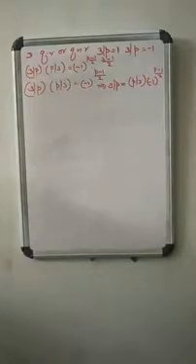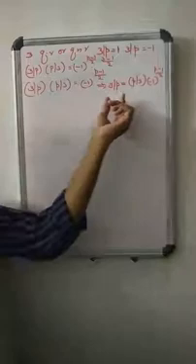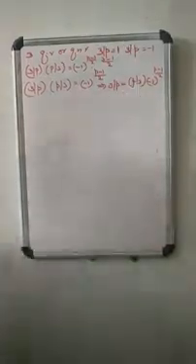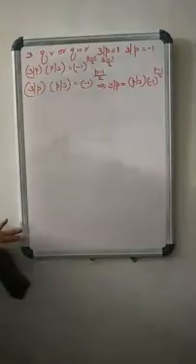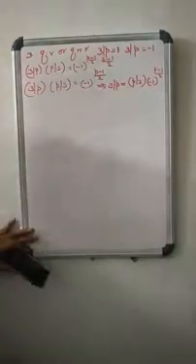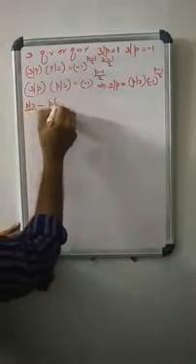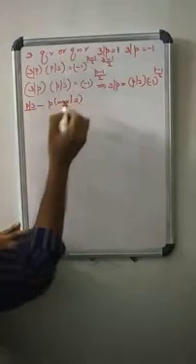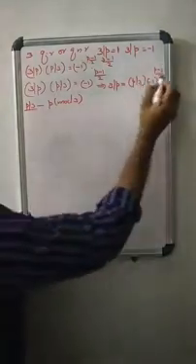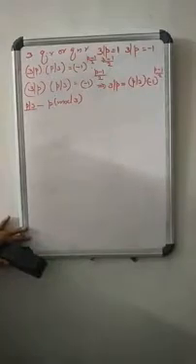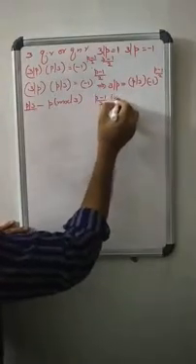So to find (P/3) and (-1) power (P-1)/2, to determine (P/3), we have to find P mod 3. And to determine (-1) power (P-1)/2, we have to find (P-1)/2 mod 2.